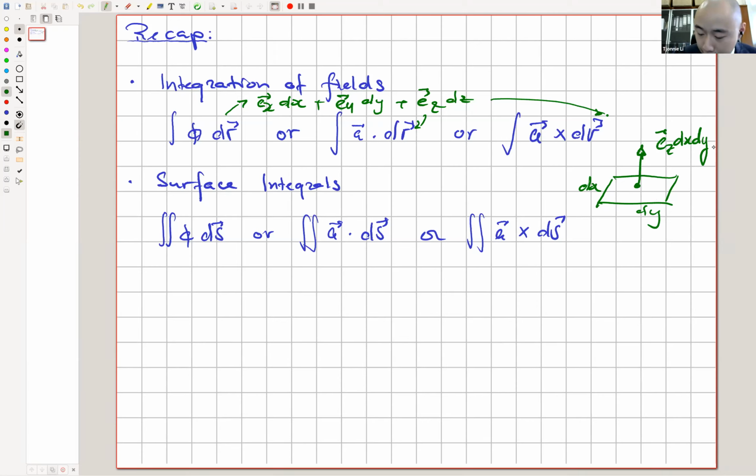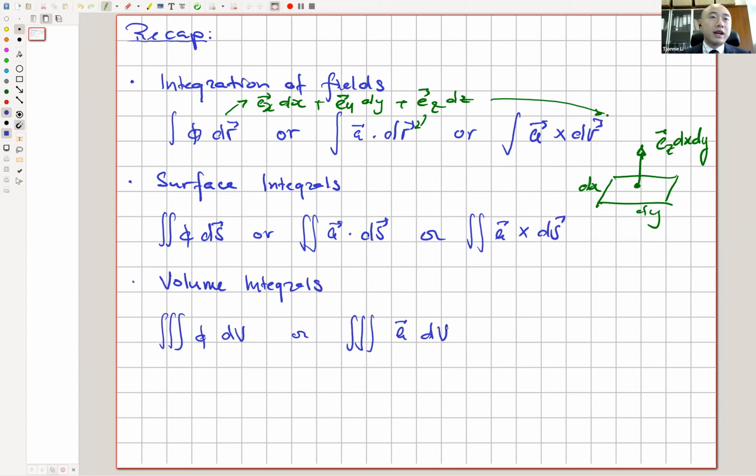And then finally, we also consider volume integrals, in which case we are looking at a triple integral of my scalar field dV, or some vector field.